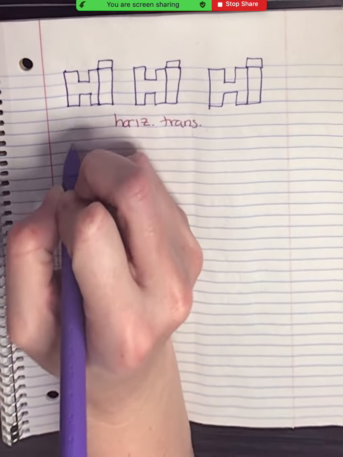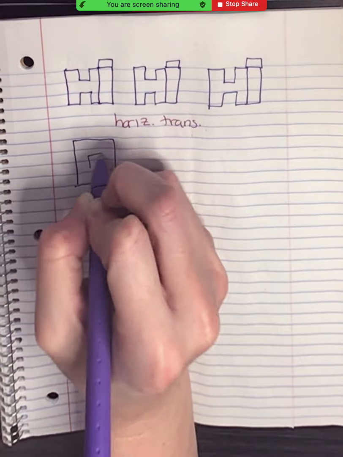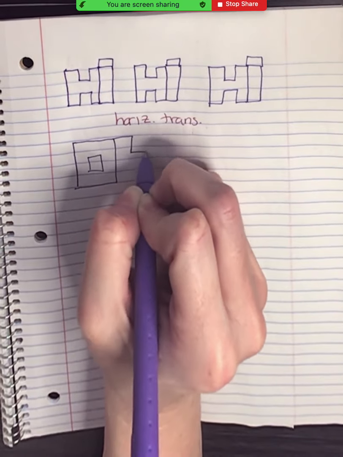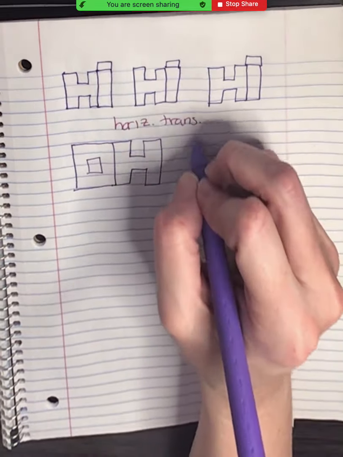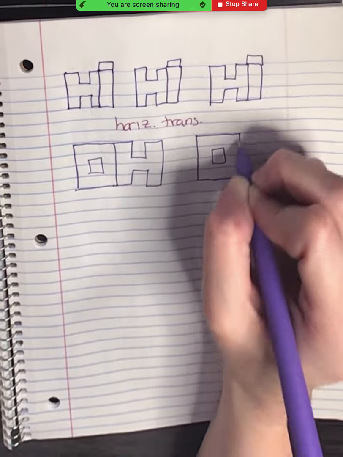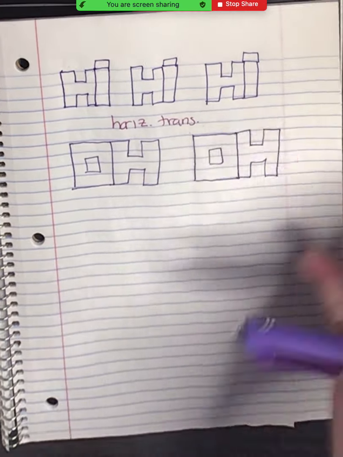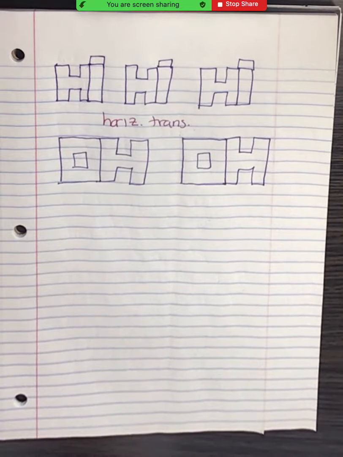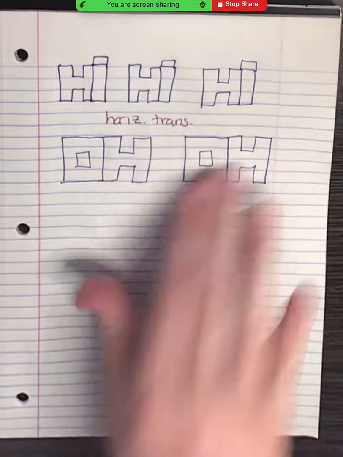All right, then O in block letters, okay? What kind of transformations do I have? And then another one, I just ran out of space. Okay? First, there's a horizontal translation because I start here and I just slide over.